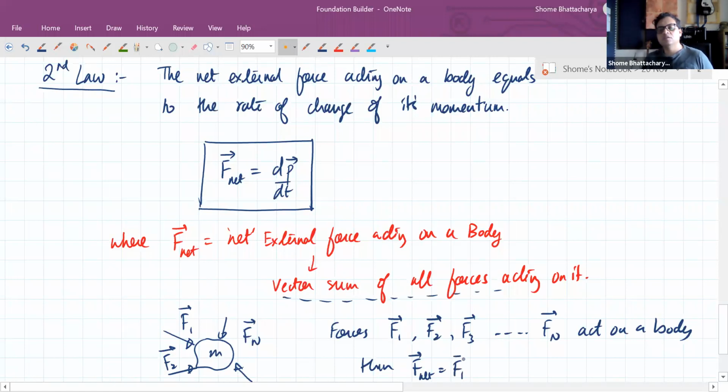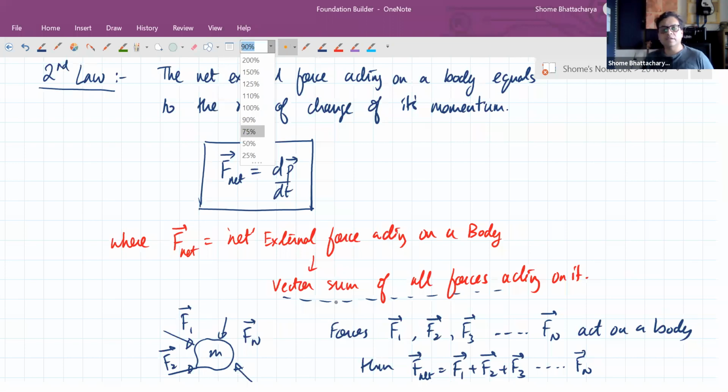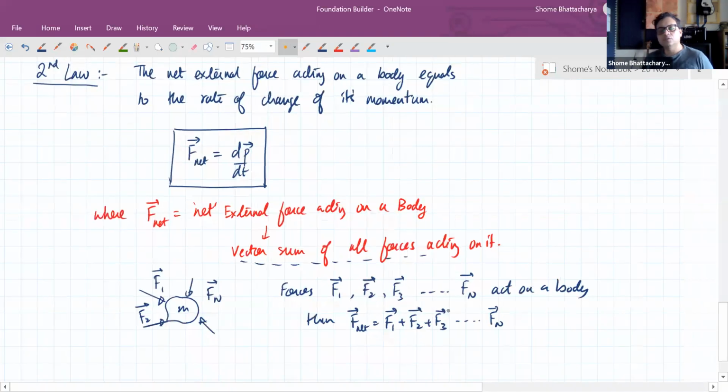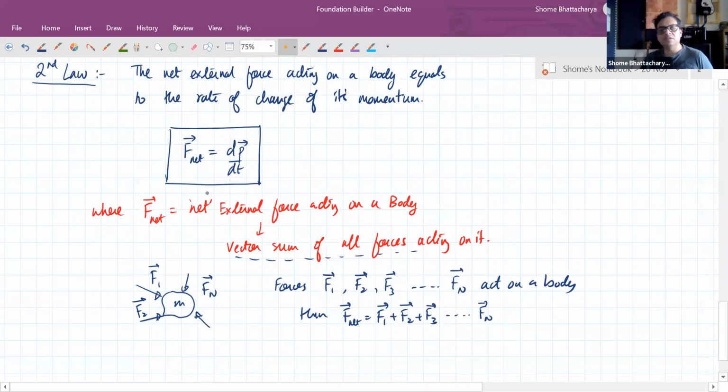So it will be F1 vector addition with F2, vector addition with F3, up till the last force. Even if n is a very large number like 500, we'll have to add 500 forces in that case to find out the net force. So this is what we mean by the left hand side. And on the right hand side, P is the momentum of the body.